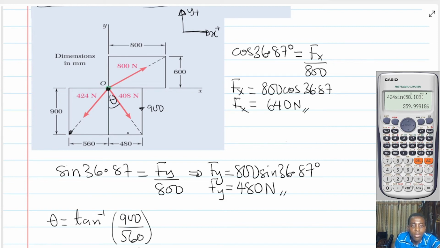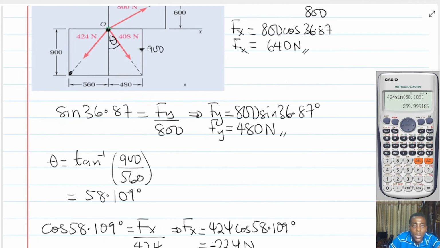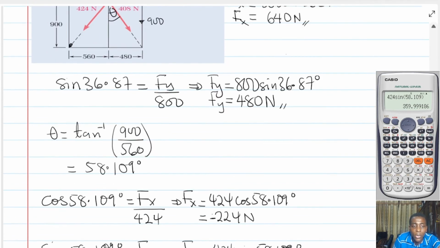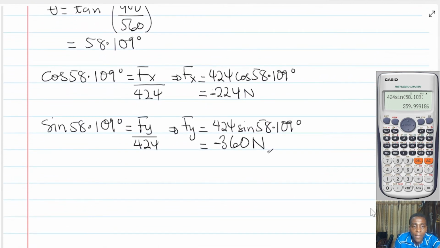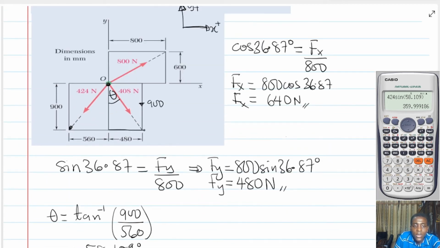So now let's look at where the theta is positioned right now. This is where the theta is. So this time, let's find the angle again and see what will happen. This time around I have theta to be tan inverse of opposite on adjacent. This time around my opposite becomes the 480 and my adjacent becomes the 900.